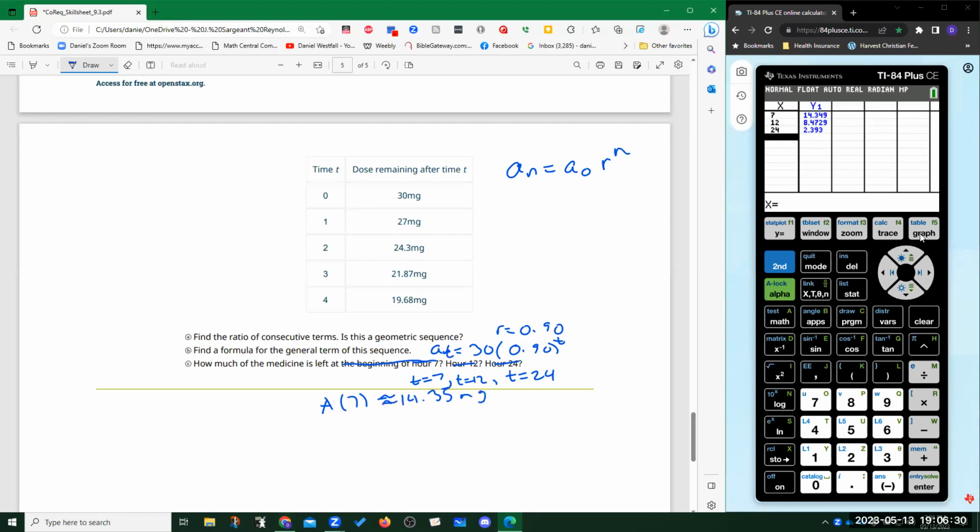milligrams. I'm going to stay consistent with how many milligrams I'm going to use. The amount in the bloodstream at 12 hours is 8.47 milligrams. And the amount after 24 hours, time equals 24, is 2.39 milligrams.